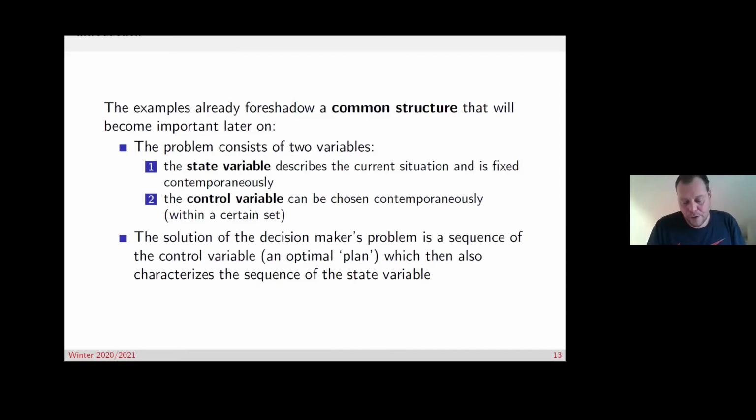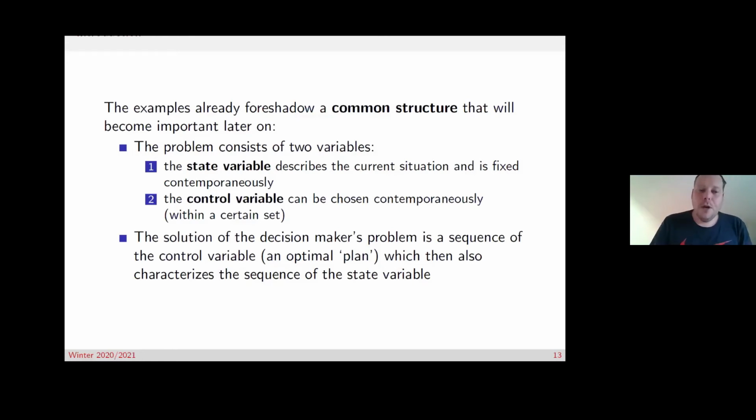So the control variable in increasing your level of knowledge when learning for the exam is obviously the effort you put into learning: the time and the commitment and everything. You can change that. You can decide upon this, and this decision gradually changes the state.